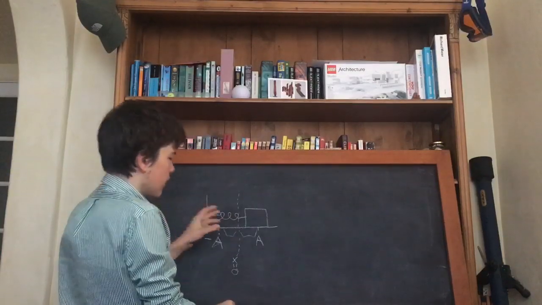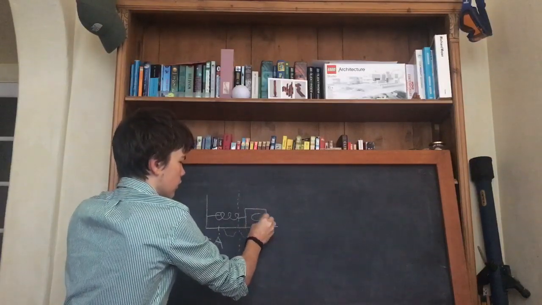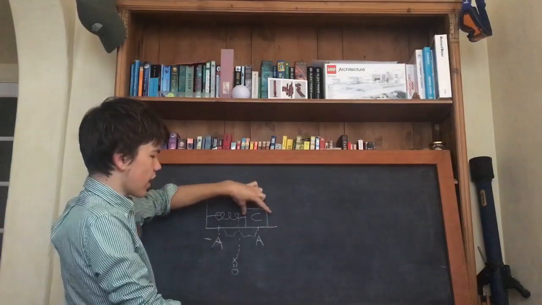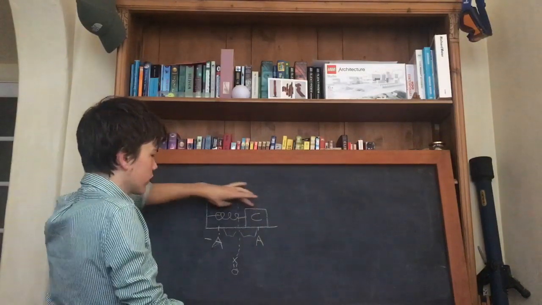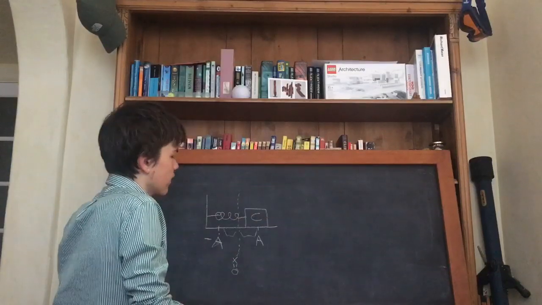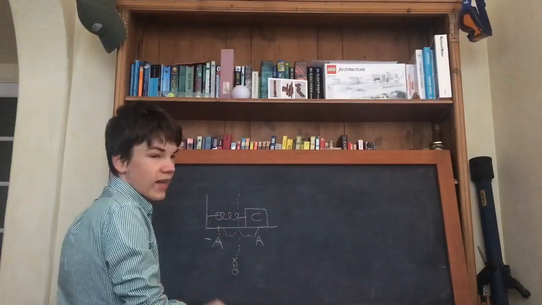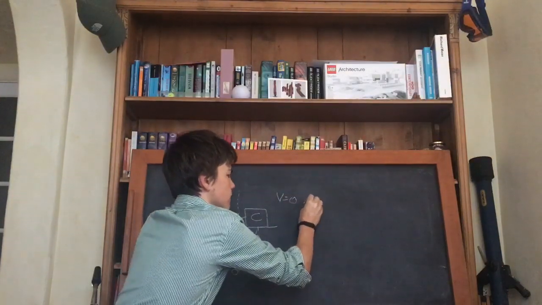And so as object C is stretched out to position A and let go, it will oscillate over to position negative A and then back to A. So at both A and negative A, the velocity is equal to 0.